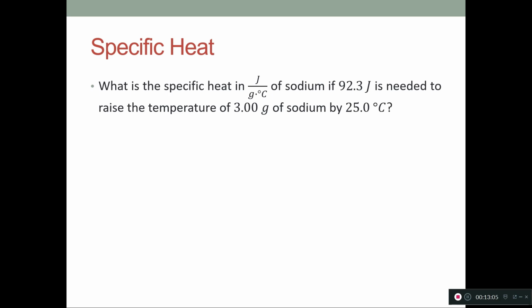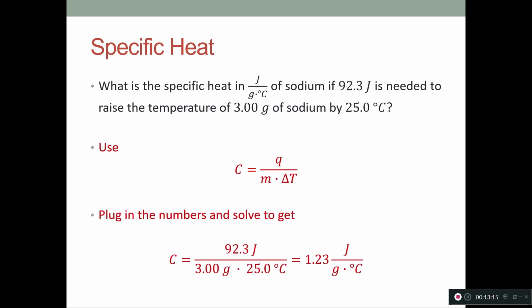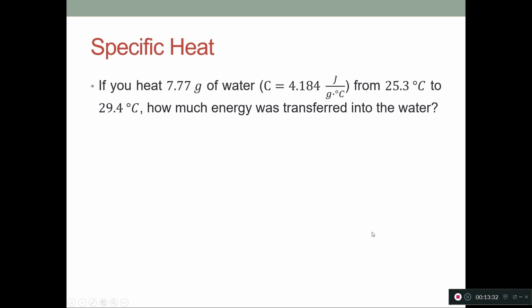And so the answer to this is that we use this, so that's the specific heat equals the heat transferred divided by mass times the change in temperature. In this case, we plug in the numbers. It's 92.3 joules over 3 grams times the change in temperature, which was 25.0 degrees Celsius. And so this would actually have a specific heat of 1.23 joules over grams Celsius.